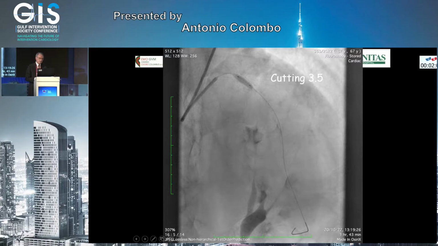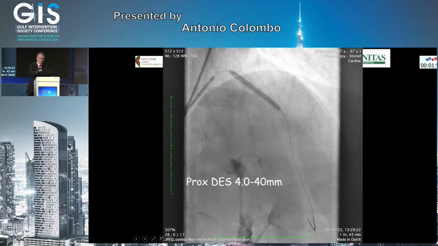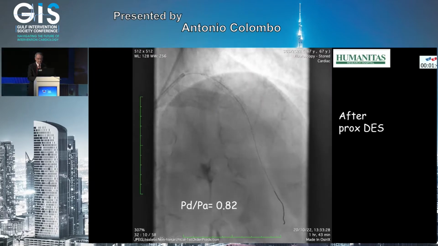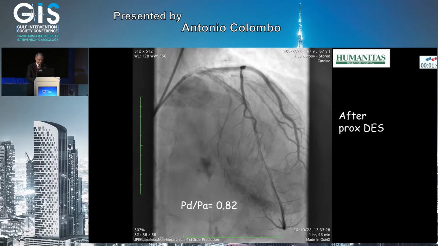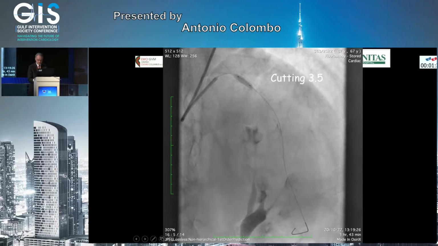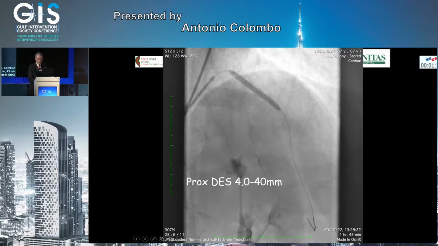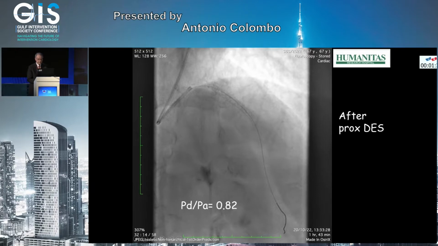Proximally it was very calcific. We did a cutting balloon at high pressure. The vessel we looked at with IVUS was very large, 4 millimeters. So we placed a drug-eluting stent proximally, as you said. Then we had this not acceptable result distally.